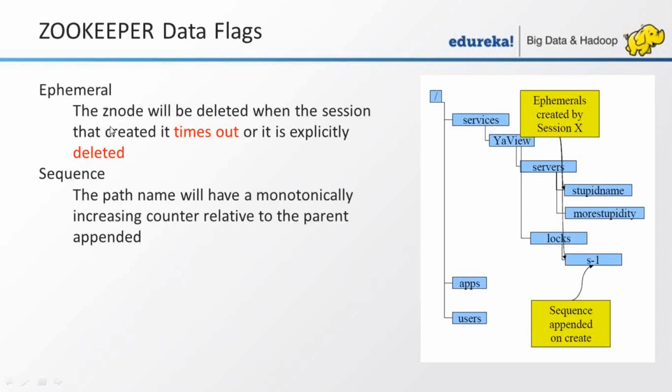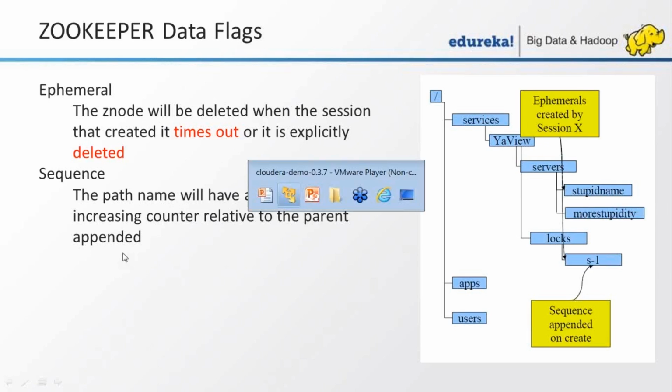So ephemeral node, we have just seen, the ZNode will be deleted when the session that created it times out or it is explicitly deleted. Sequence node is something where the path name will have a monotonically increasing counter relative to the parent appended.